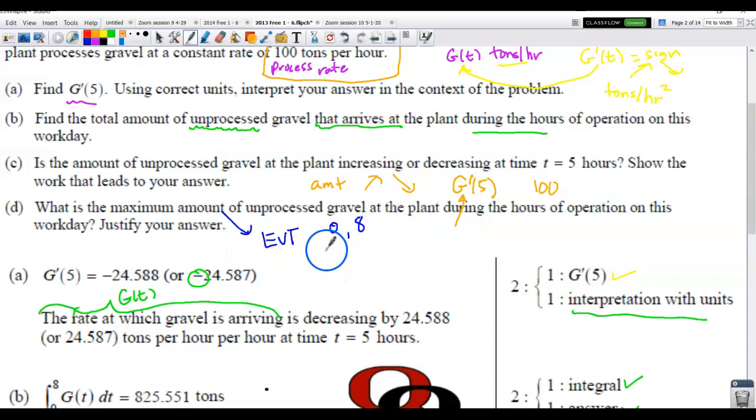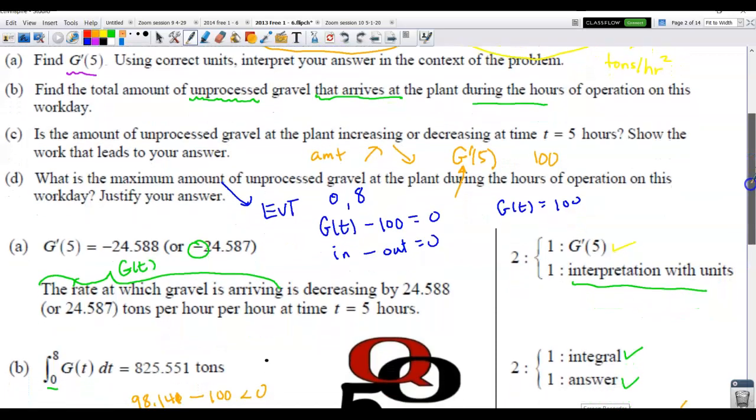And we're going to need to know when the in rate minus out rate, G of t minus 100, is equal to 0, or when they're equal to each other. Remember, whenever you set those equal to 0, that's the same thing as setting them equal to each other. Doesn't matter how you put that into your calculator, but you will need to make some adjustments on your window.